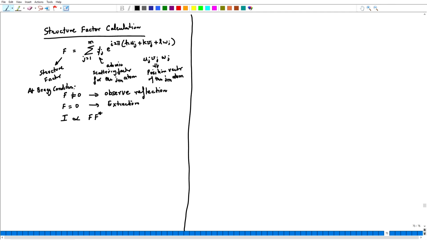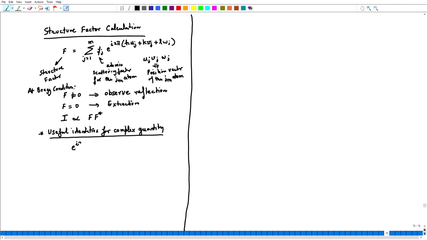Now, before I proceed to an example, we see that the structure factor is a complex quantity, and therefore, some useful identities for complex quantities would be instructive to understand.